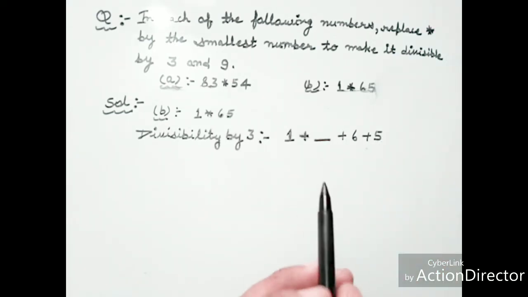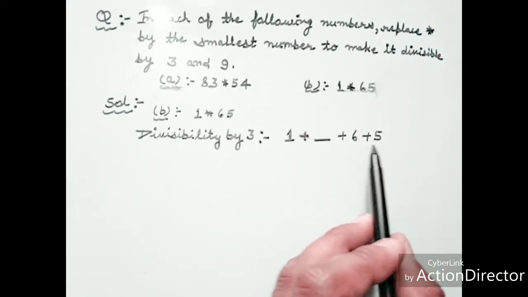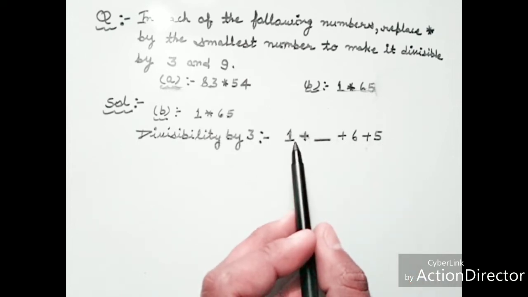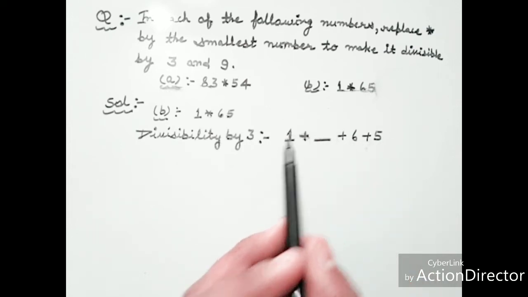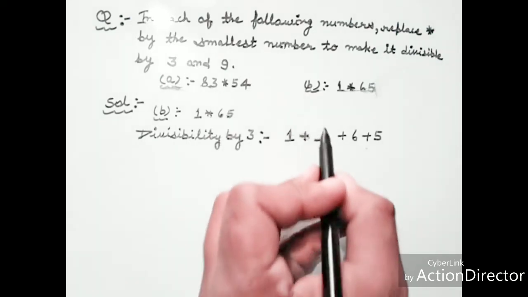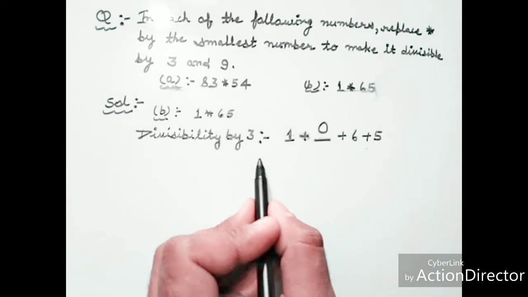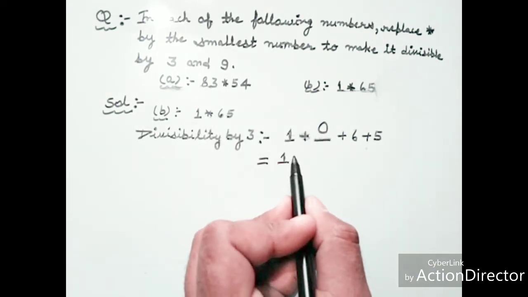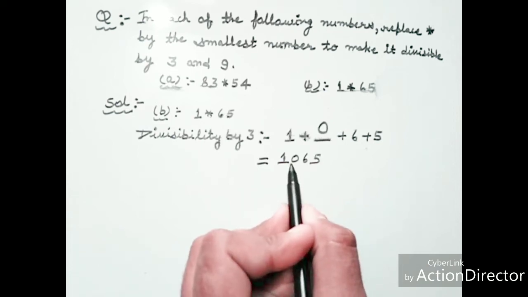So when we add these 3 numbers, 6 plus 5 is 11, plus 1 is 12, and 12 is also divisible by 3. 3 fours are 12. So here we take 0 here. So we replace this star by 0. So we write 1065.